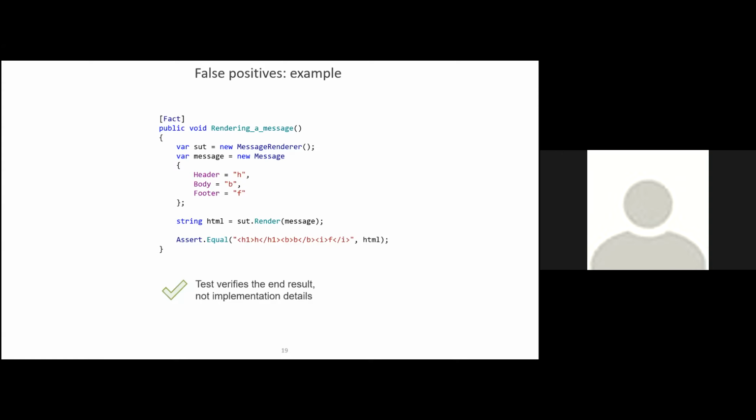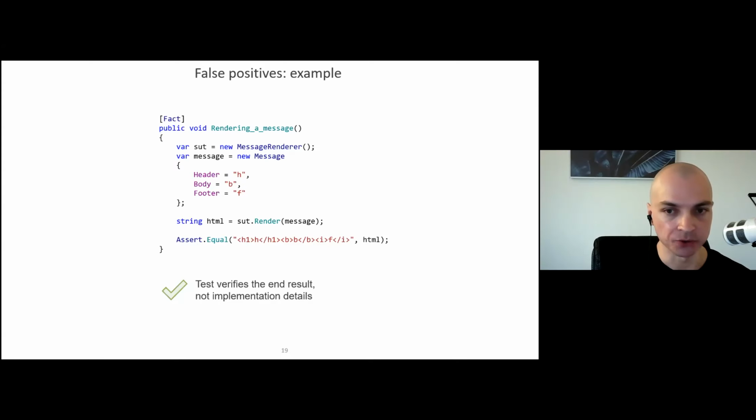They don't care about how exactly the message renderer class implements this functionality. The only thing that matters for them is that this document is represented correctly. And this is what this test targets as well. It targets the behavior of your system as it is viewed from the end user's perspective. It doesn't couple to implementation details.